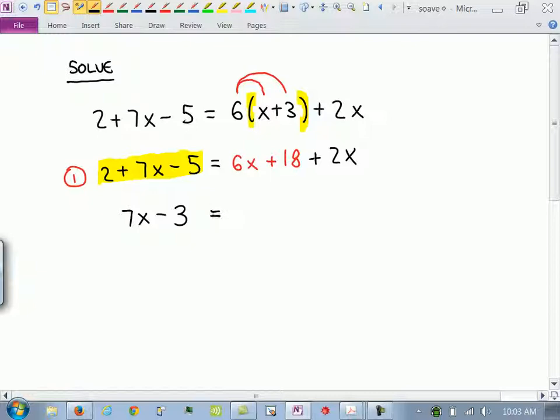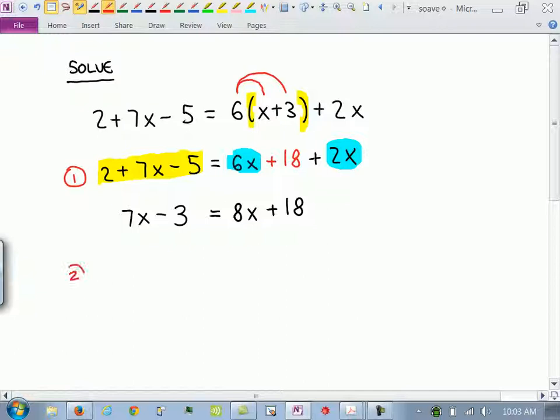Do we have any like terms here? We can combine the 6x with the 2x, right? And we're adding them, so 8x, and then what about the 18? Plus 18. Okay. Have we combined like terms on both sides? Yes.